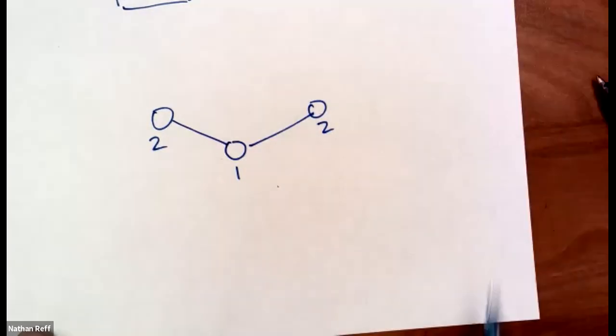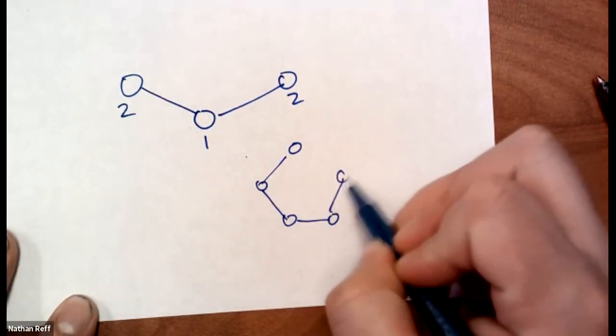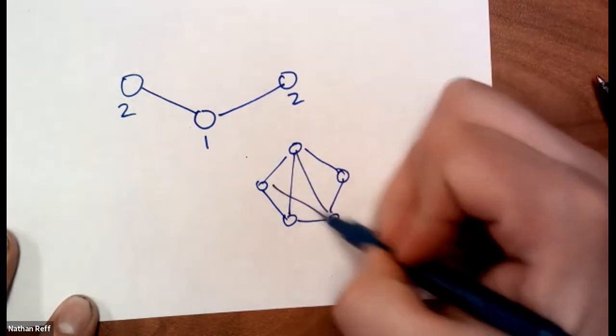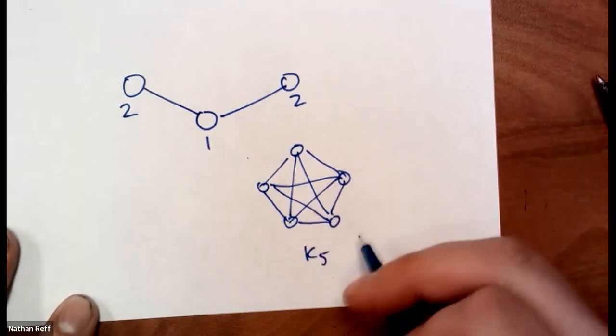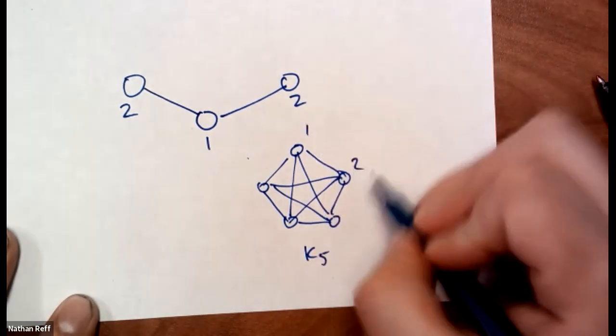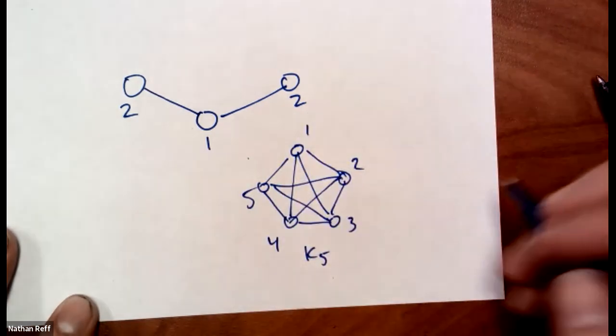It might be a little difficult to use proper coloring to get it, because if I looked at K5, I have to use different colors for every single vertex, because everything is adjacent.